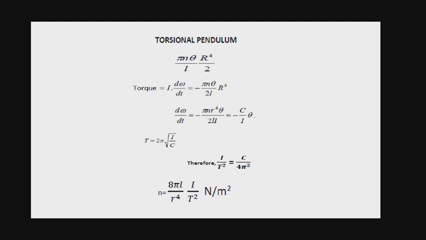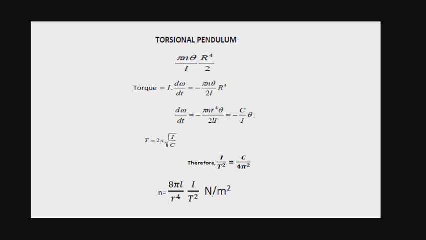So the torsional oscillation definition will be for 1 mark and the whole derivation for 5 marks, total 6 marks. So the definition of torsional oscillations is: when the wire is twisted at its free end, the body is set into oscillations, and those oscillations are called torsional oscillations.